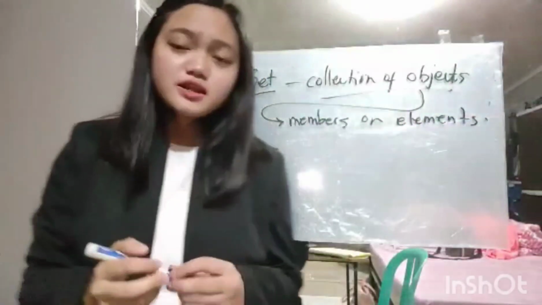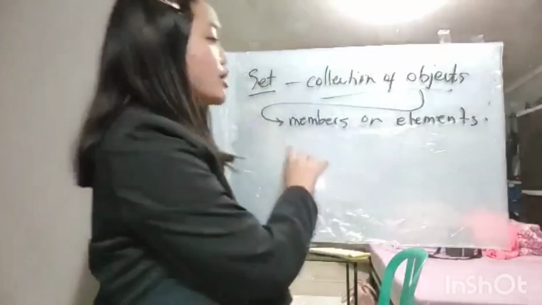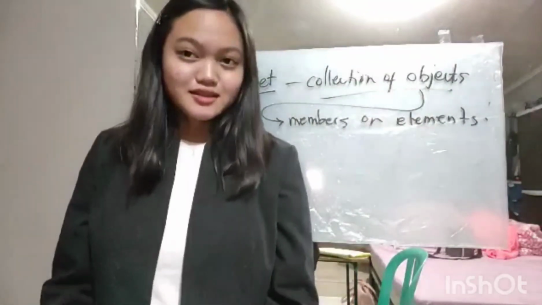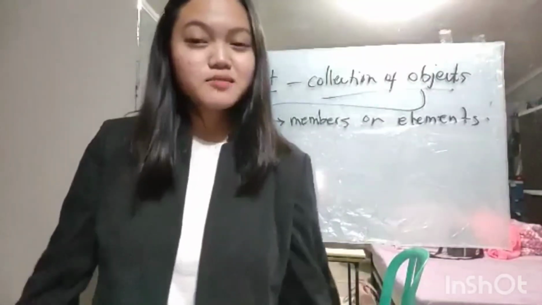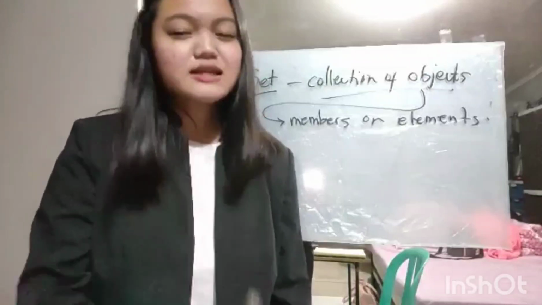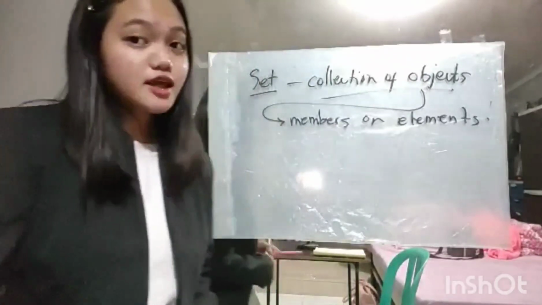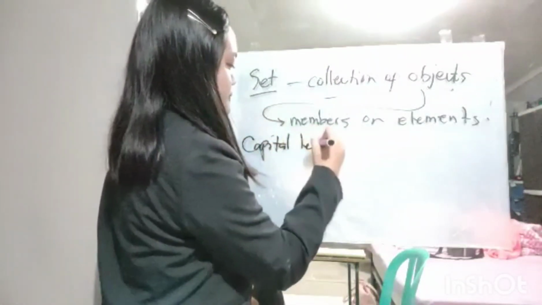The significant point of a set is that its members or elements should be defined exactly and clearly. Definitions whose members or elements are not defined exactly or explicitly are not identified as a set. Sets are frequently named with capital letters.